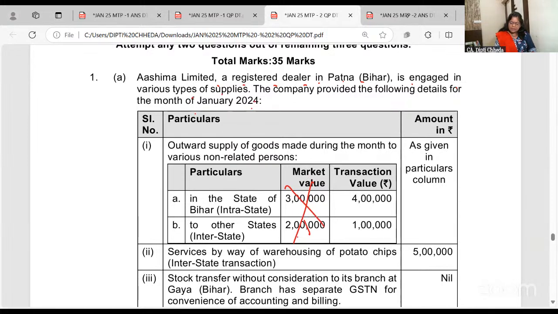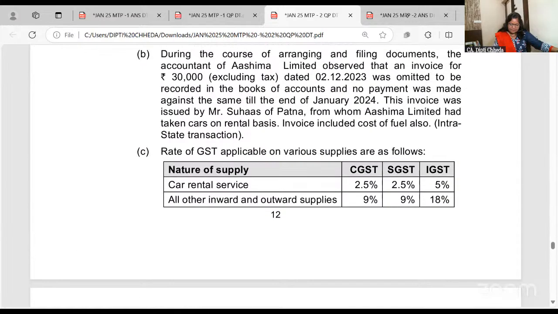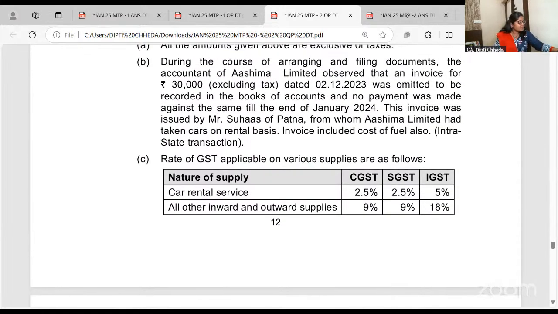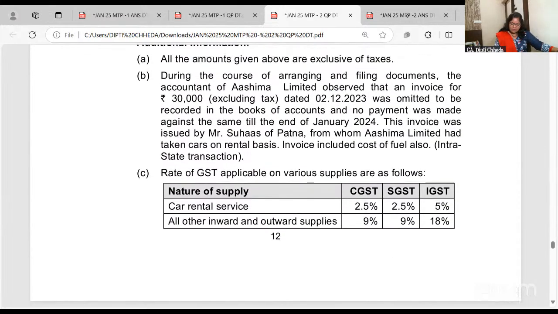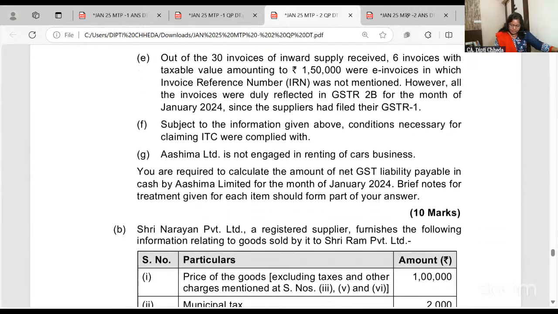Ashima Limited, the company provided the following details. Outward supply: intrastate and interstate, the rates are given. According to that, we will take 4 lakh and 1 lakh. Interstate, these rates are given. And it is a supply of goods.